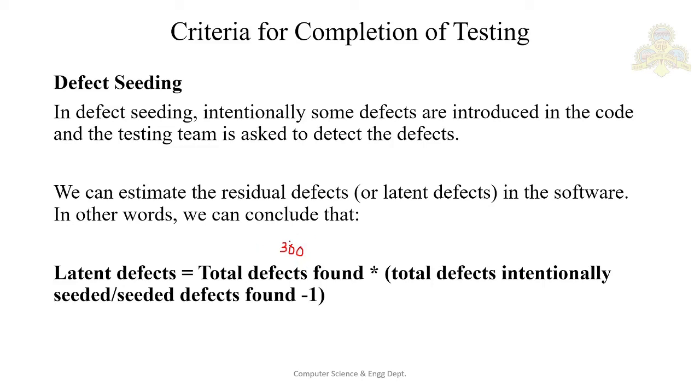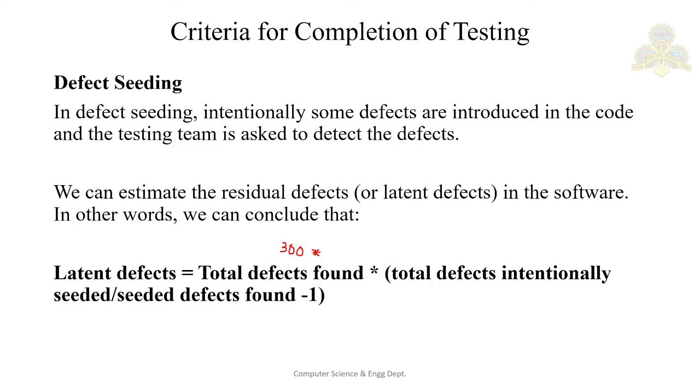I'll repeat once again. Suppose the total defects found till now in the software is 300, and suppose the testing team said we have not found any more defects. Can we say that the testing is complete?